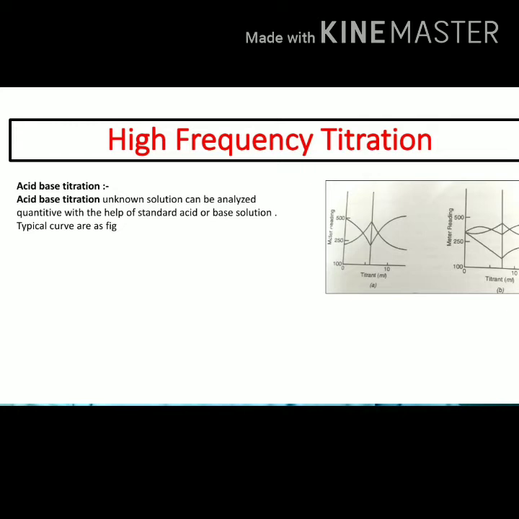During the titrations, one of the constituents should be at high concentration and the temperature should be kept constant. The high frequency conductance and capacitance curves are as in the figure. The change in the conductivity can be calculated.